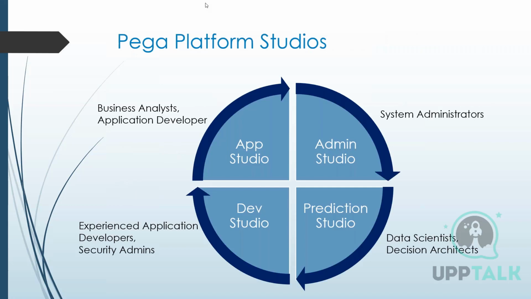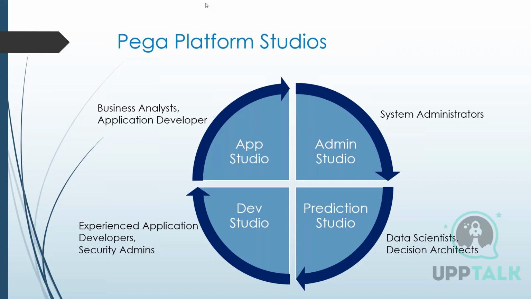App Studio is for business analysts or business architects for faster application development, whereas Dev Studio is for experienced developers for all the complex requirements, security, versioning, all of that. Admin Studio is for the system administrator to look after the background processing, batch jobs, and that sort of stuff. And if you want to bring some AI/ML features into your application, you have the Prediction Studio. So your data scientists and data analysts will be working on the Prediction Studio.